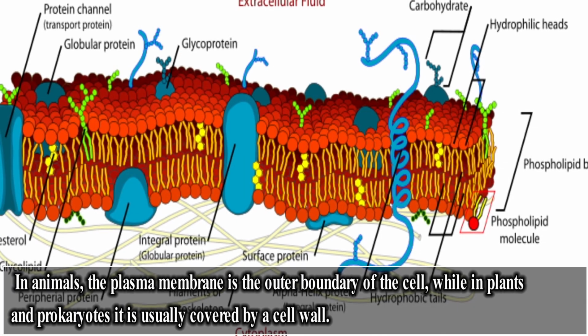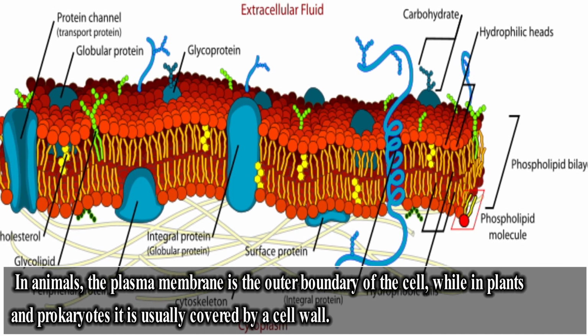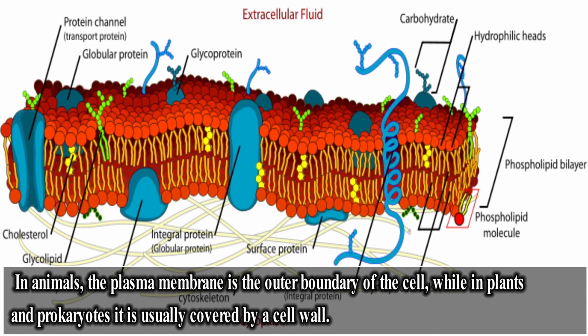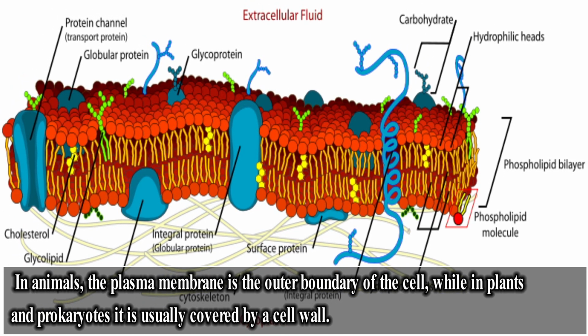The cell membrane or plasma membrane is a selectively permeable biological membrane that surrounds the cytoplasm of a cell. In animals, the plasma membrane is the outer boundary of the cells, while in plants and prokaryotes, it is usually covered by a cell wall.